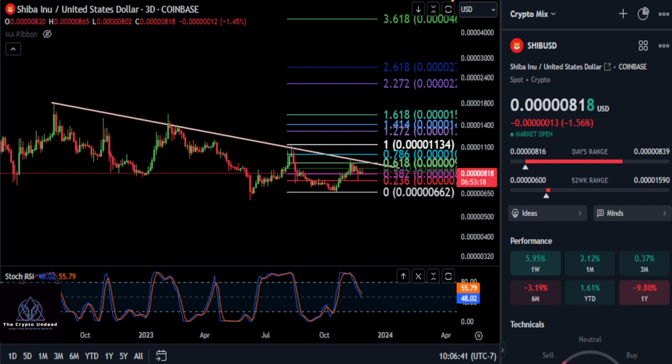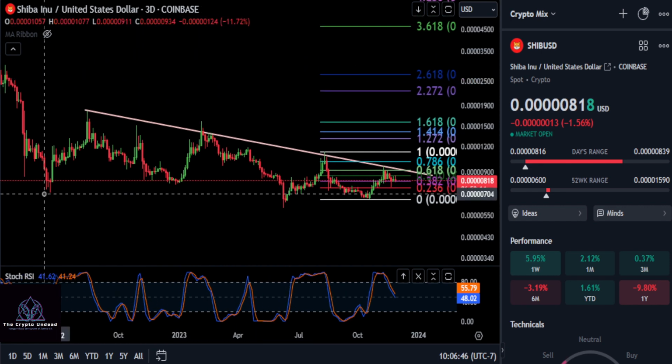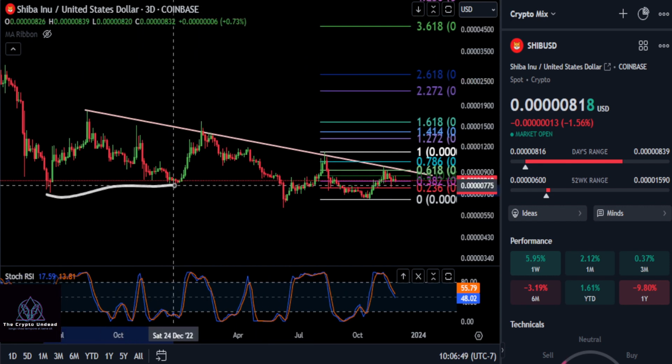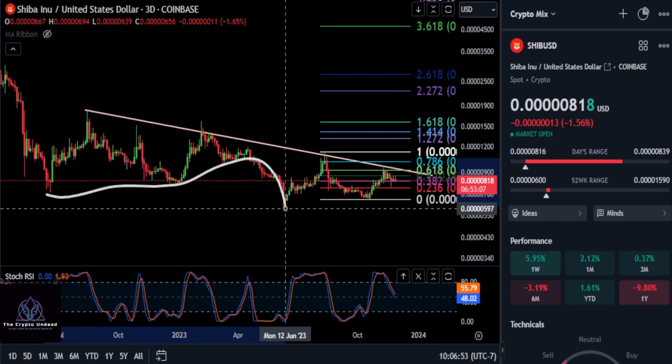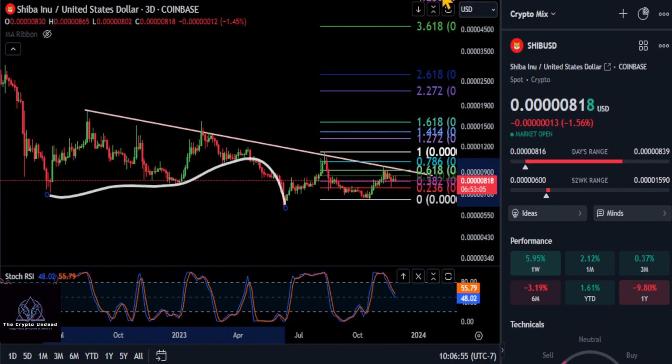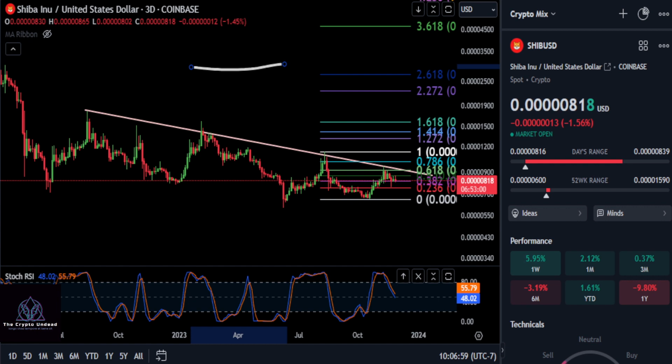With that said, there's something here I do want to point out. If we simply look at the price action, you could see from that low a slightly higher low and then a higher low, and then it just kind of fell off the table and made a new low. And as you can see on the most recent price action, it is trying to repeat history here.